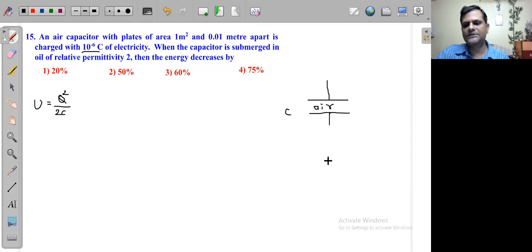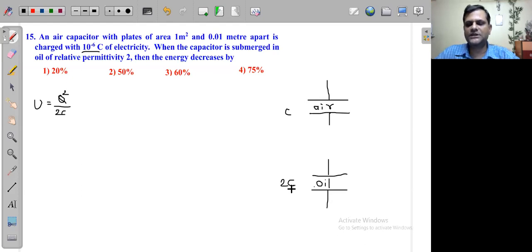But when the same capacitor is just submerged in oil of relative permittivity 2, मतलब के का वैल्यू 2 है यहाँ पे, तो जिसकी वजह से क्या होगा कि when the same capacitor is submerged in oil, the oil will just get sprayed in the two plates of the capacitor, and because of that the capacity of this capacitor will actually become 2C here.